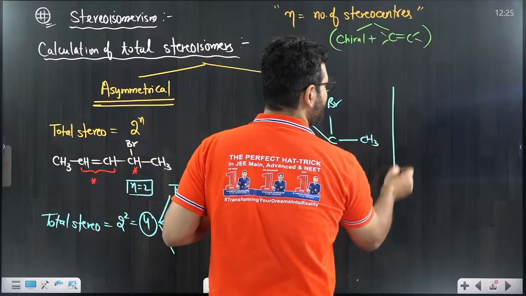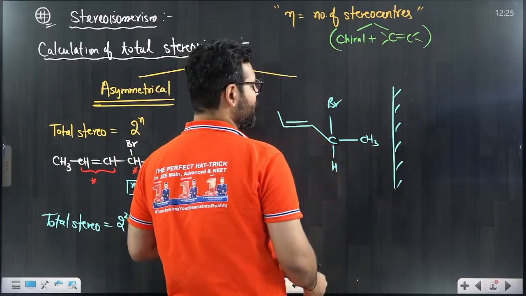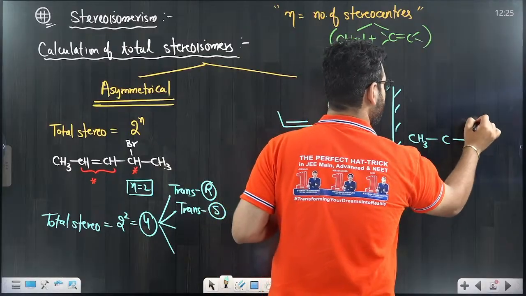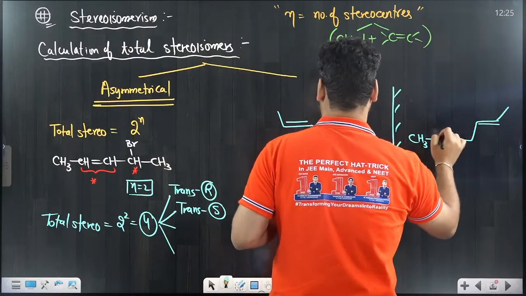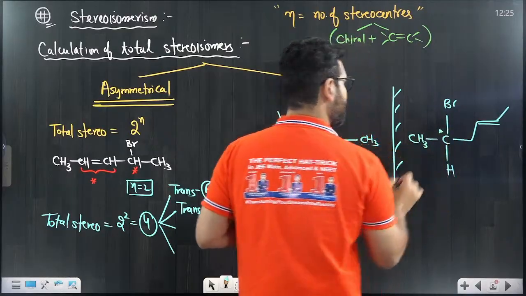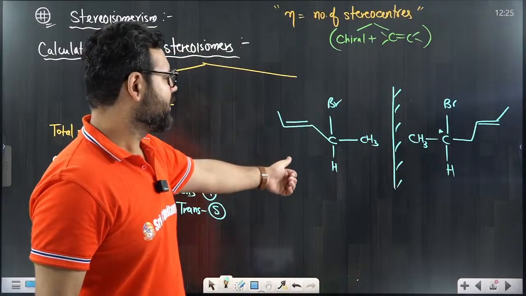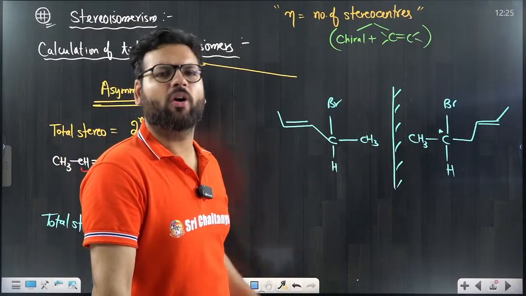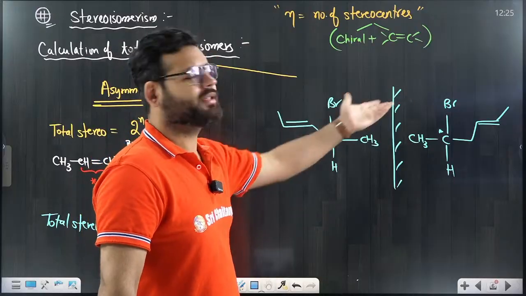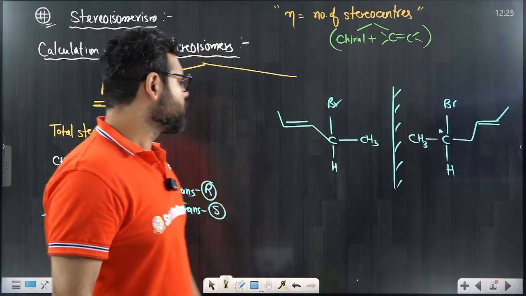If I put a mirror here, the mirror image will look like this. So if this is trans R, this will become trans S, or vice versa.